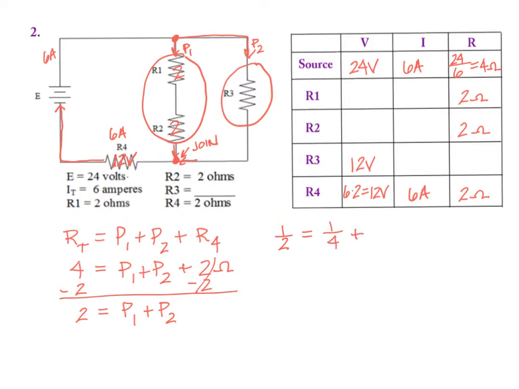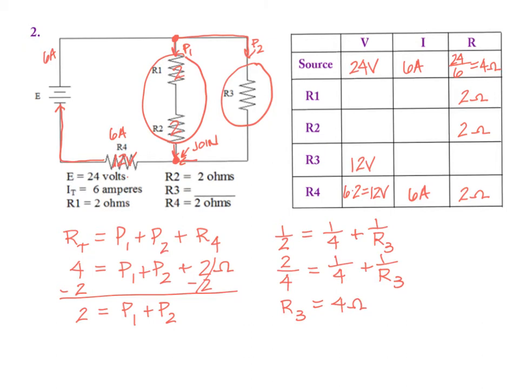Plus, now I don't know the resistance in R3, so I'll just leave that 1 over R3. Now, of course, I can't do anything with this until I have common denominators, so I'm going to change that 1/2 into 2/4. So now I have a statement that says 2 over 4 is equal to 1 over 4 plus 1 over R3. And then I think looking at that, it's pretty obvious that R3 has to be 4 ohms.